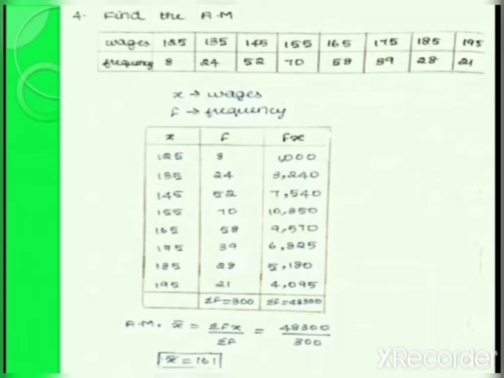We have to add all the data in fx. So you will get summation fx is equal to 48,300. So now substitute into our formula. X bar is equal to summation fx divided by summation f, which is 48,300 divided by 300 is equal to 161. So our arithmetic mean is 161.